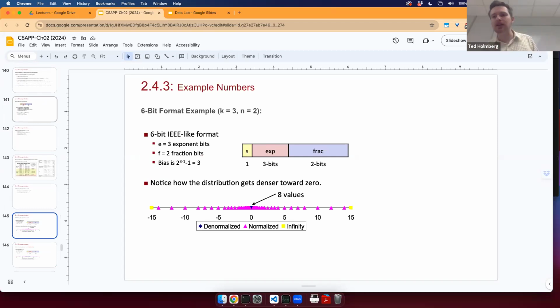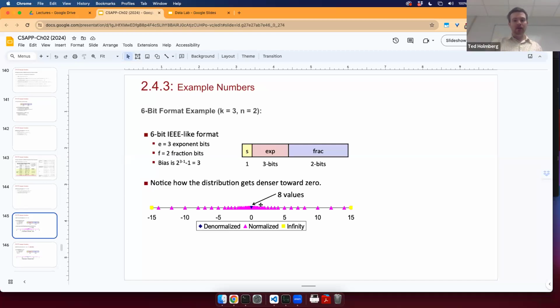Next class, I want to walk through these slides and motivate it more, but this will give you something to map conceptually. This is a number line of everything we can represent if we limit ourselves to a 6-bit encoding using the IEEE format. That means 1 bit for the sign bit, 3 bits for our exponent field, and 2 bits for our fractional field.